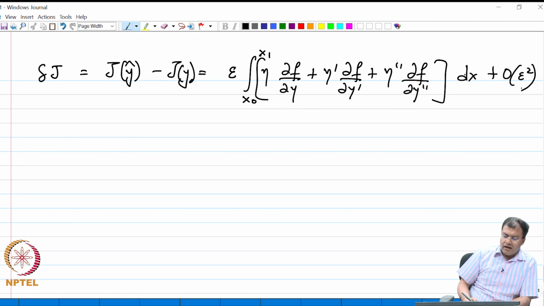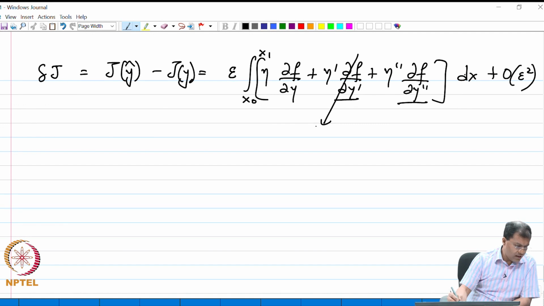Okay. So, then we redo the exercise that we did in the standard Euler-Lagrange case, that is we are going to change this second and the third term using integration by parts, and then we apply the boundary condition. So, notice that this particular quantity is also equal to negative of integral of d dx of del f del y prime, right.